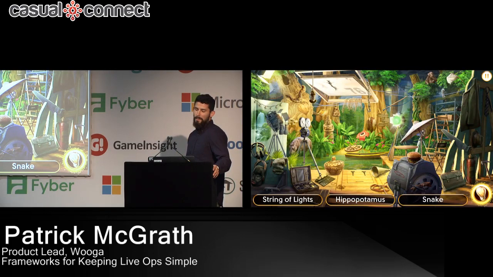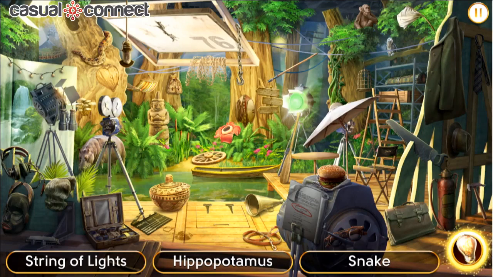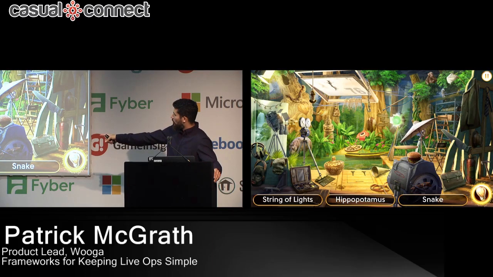The core gameplay is hidden objects. We have a number of objects that we ask you to find in the scene, and as you find them, we replace them. So if you hit that hippopotamus down by the tree, another item name would show at the bottom.